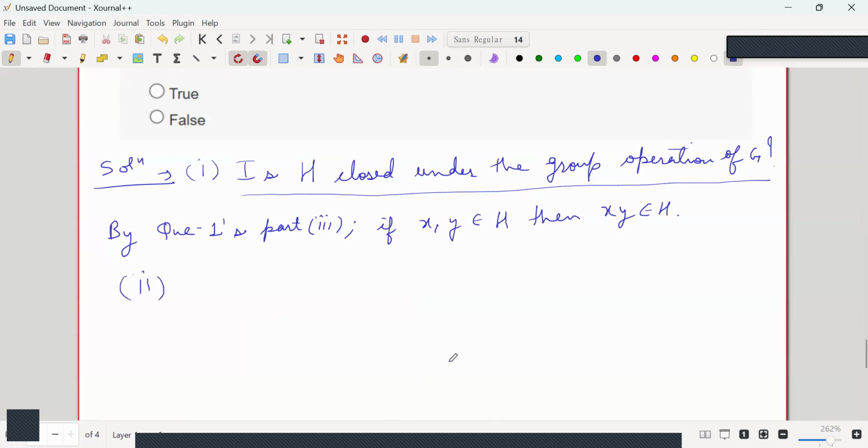Second is the identity. What is the identity of H?